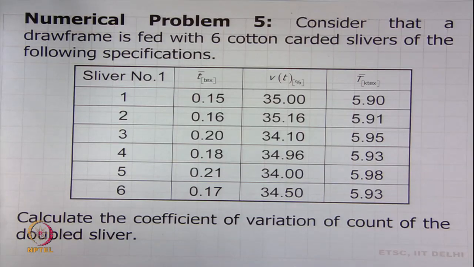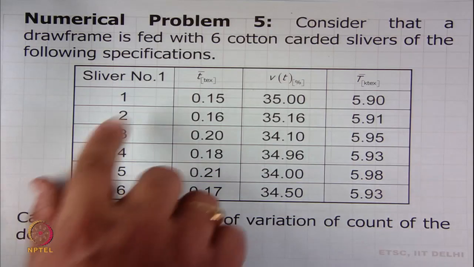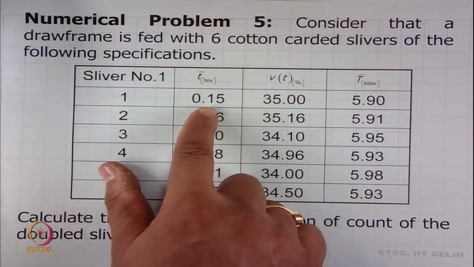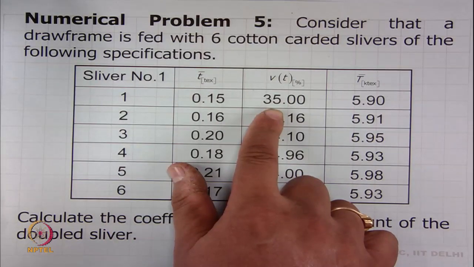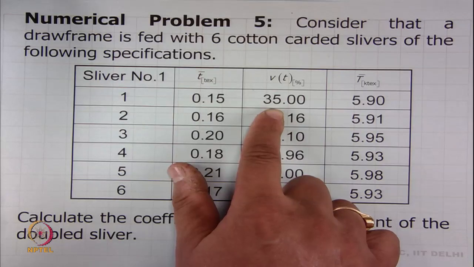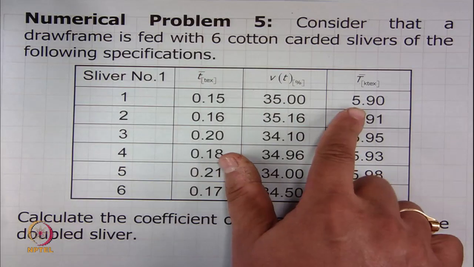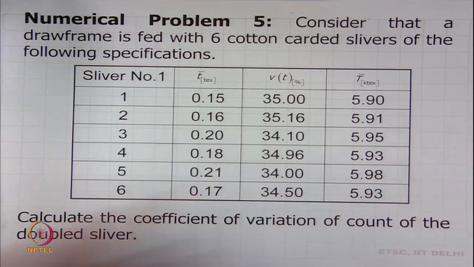Consider that a drawframe is fed with 6 cotton carded slivers of the following specifications. Sliver number 1, mean fiber fineness 0.15 tex, CV of fiber fineness 35% and mean sliver fineness is 5.9 kilotex.